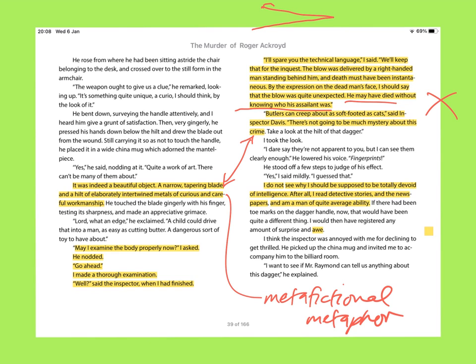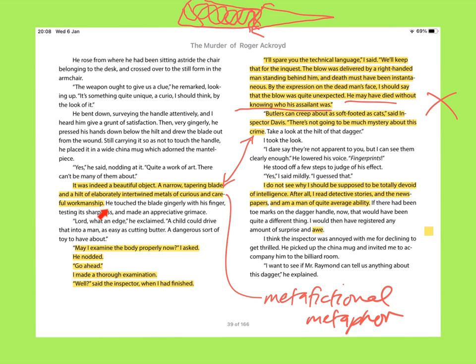The discovery of the murderer, or the plot and the reveal of it, is going to be a "narrow tapering blade and hilt of elaborately intertwined metals of curious and careful workmanship."